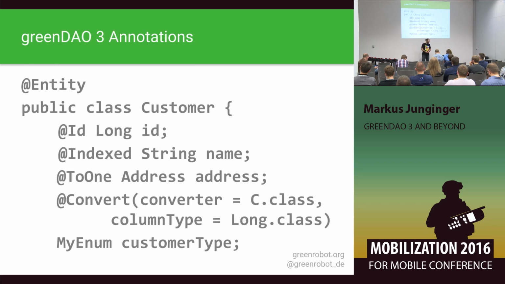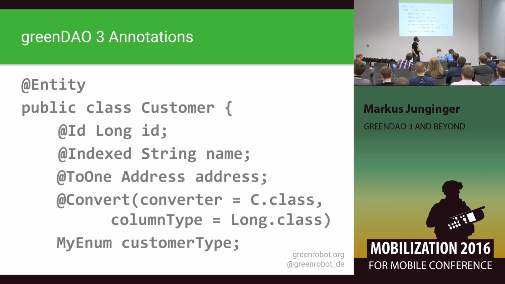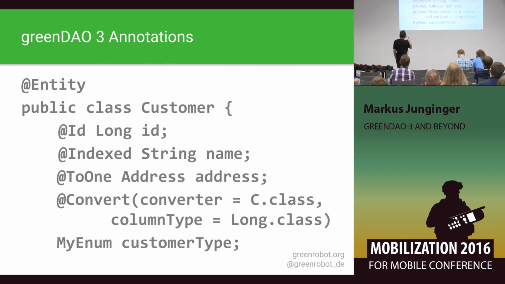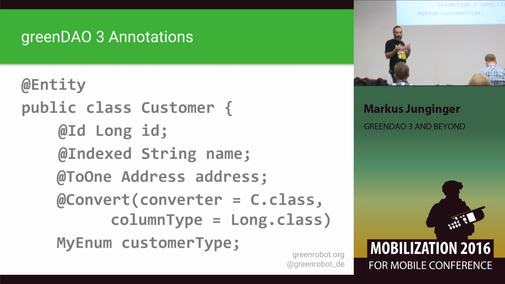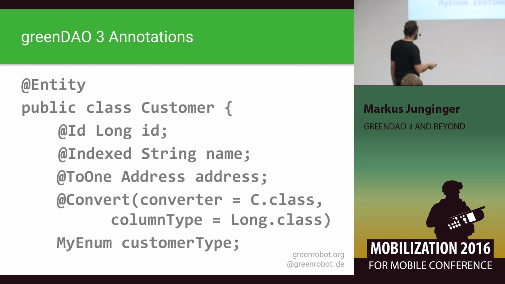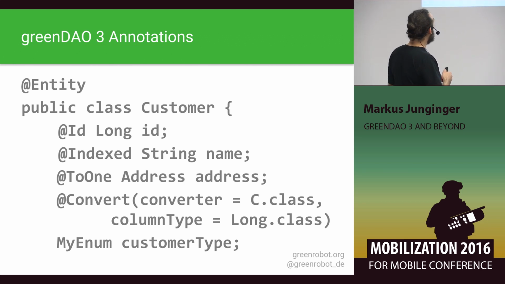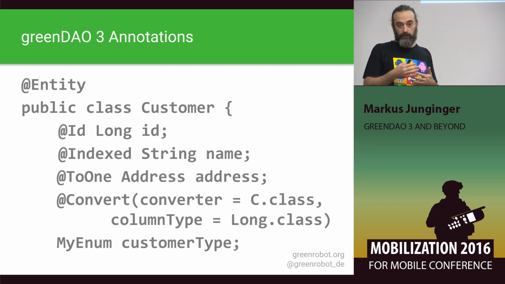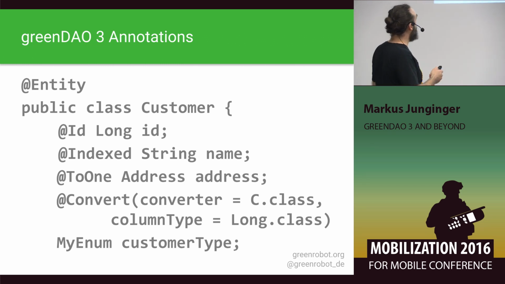All right, so this is how it looks. This is an example entity: you have some POJO class, some getters and setters with some fields. You have an ID, with an ID annotation. If you want an index on a string, just put Indexed.